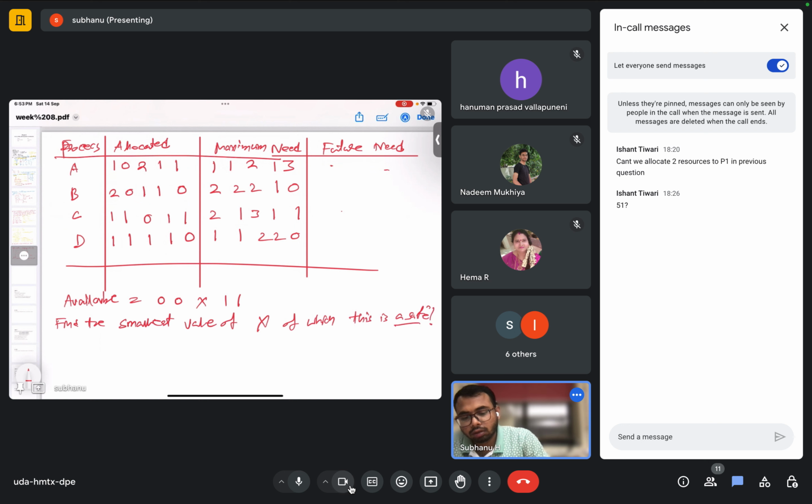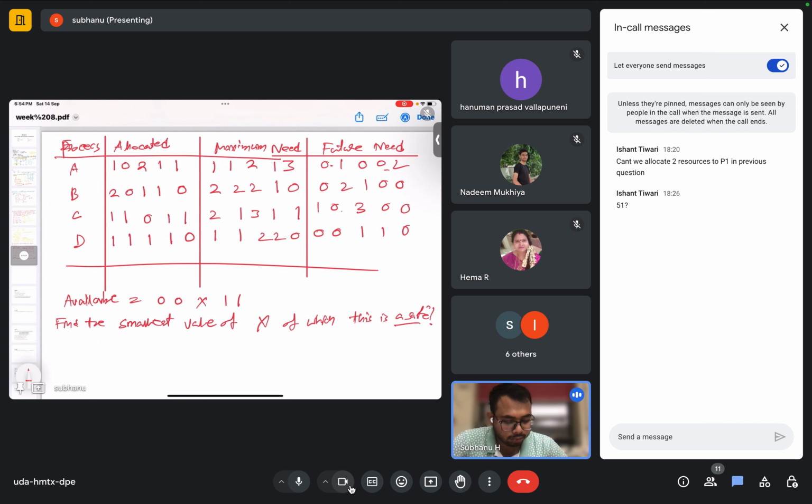Suppose your future need is given like 0 1 0 0 2, 0 2 1 0 0, 1 0 3 0 0, 0 0 1 1 0. So here you have total resources, total allocated, total available, and you know the future need.